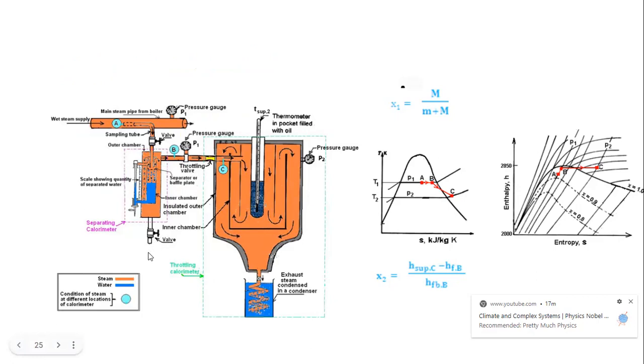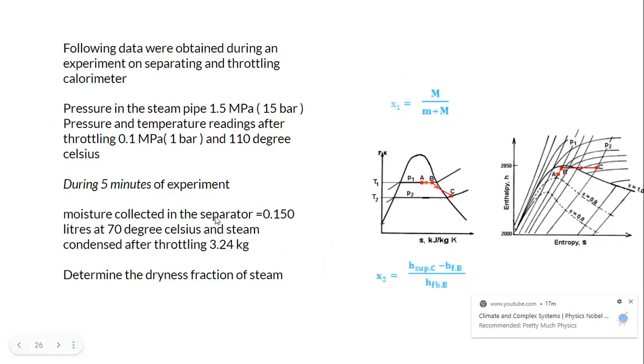And once you get the volume over here, we can note down the temperature. So the volume of the water which is separated and the duration of the experiment, which is given to be 5 minutes, is noted. In the 5 minutes, some water will be collected here, and that volume is to be noted and the temperature is to be noted. That is given to be 0.150 liters and its temperature is noted to be 70 degrees Celsius.